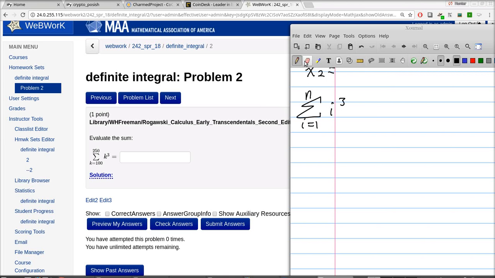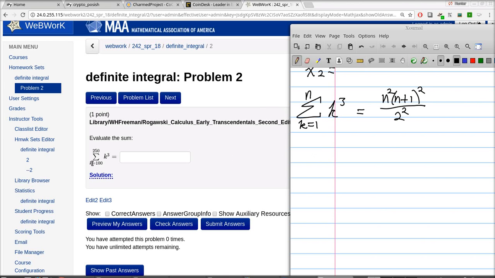I guess I should be using k because k is the counter here. So let's use k. So the sum of the first n cubes is equal to n times n plus 1 over 2, but everything in sight is squared. So n squared, n plus 1 squared, 2 squared, etc.